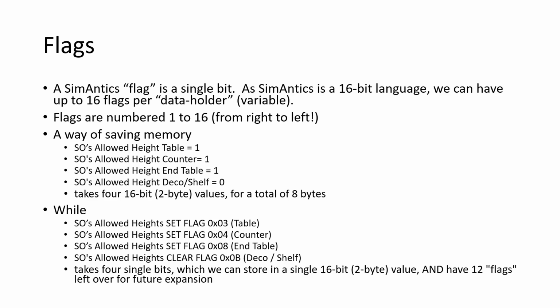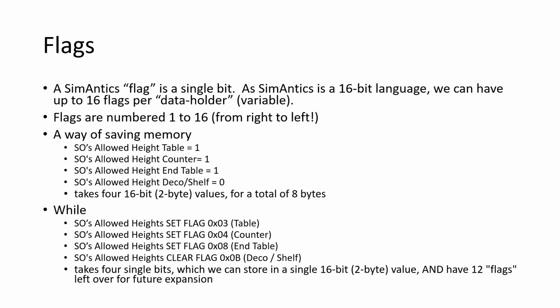So if we'd said that in an int, this object can appear on a table, or it can appear on a counter, or it can appear on an end table, or it can appear on a deco shelf, and we'd used a whole stack object attribute or a stack object data value to represent those, we'd be storing only the values 0 or 1, but we'd be taking 2 bytes, a 16-bit word, for each of those values. So those 4 assignments would take a total of 8 bytes.